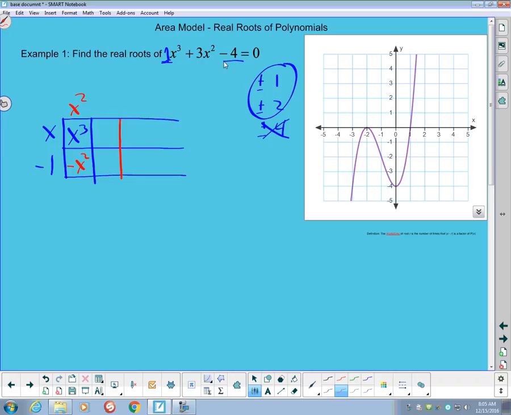We draw in the next box. We know that these two on the diagonal here have to add up to 3x squared, and that's a minus x squared there, so that must be a 4x squared right there, which means that this would have to be a positive 4x. And of course, if that's a positive 4x and this is -1 here, then we get a negative 4x.